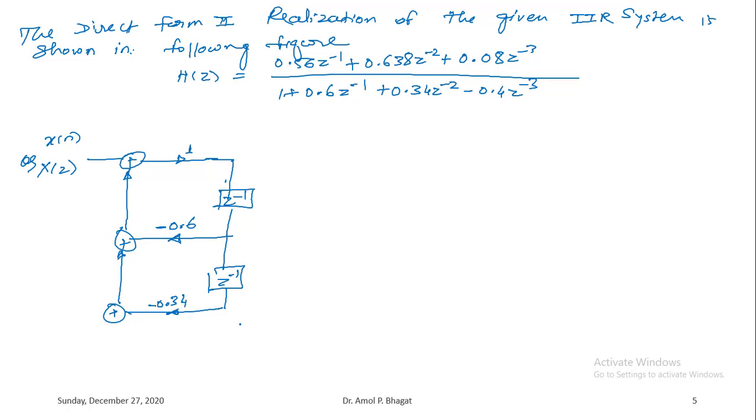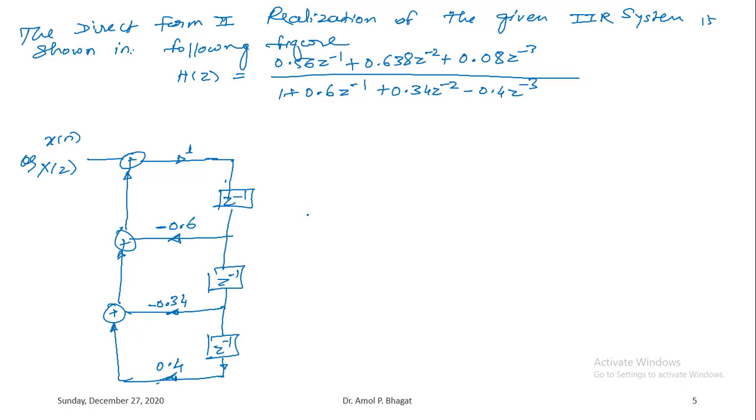Then again the third delay element will be needed, so here we'll get z to the power minus 3, then again it is multiplied with minus 0.4, meaning 0.4 we have to use here, then it will be added here.